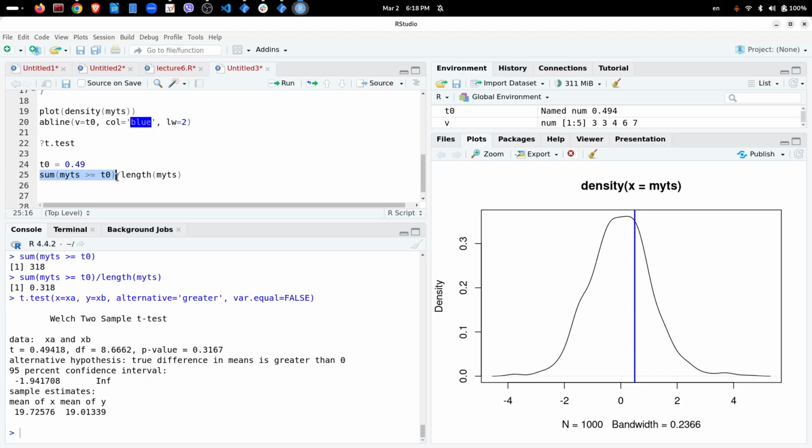How many 1s I have means how many of the values of this vector are greater or equal to t0. And then I divide this by all the values in my t's, and this approximates the probability to find a value from my t's that is greater or equal to t0. And this is actually the definition of p-value, approximately.